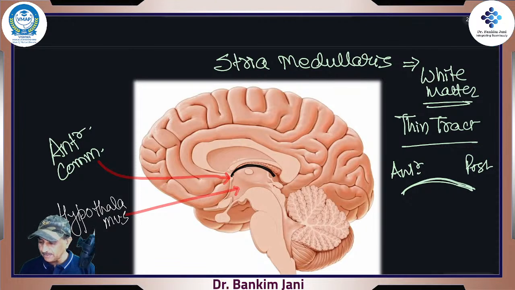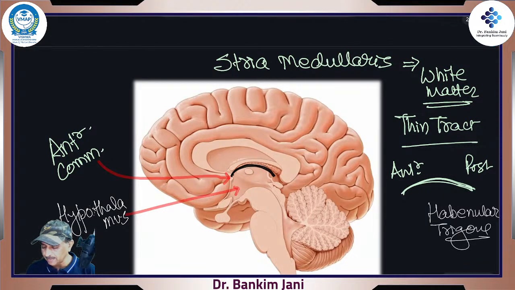So posteriorly, we have the posterior commissure and the habenular commissure, right? On the posterior aspect, it lands into the habenular trigone. Trigone means area.